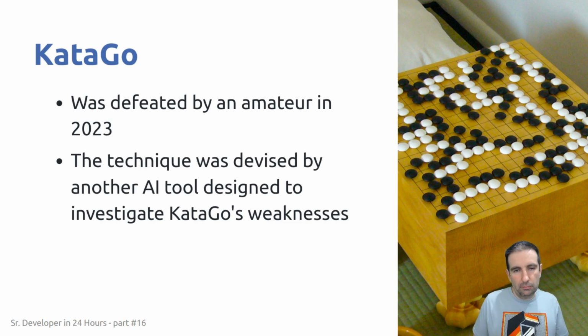And the technique that he used was somewhat complicated, but not terribly complicated. And basically, it was building a large ring of stones, trying to encircle the pieces that CataGo was placing.